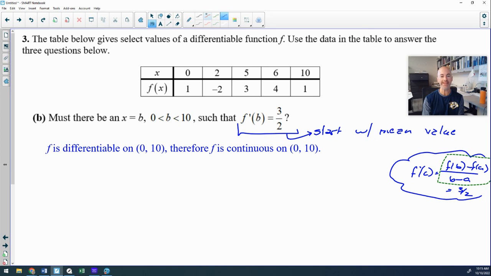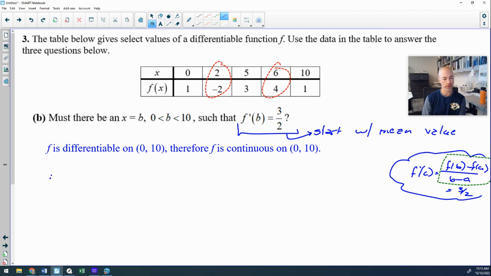And so I'm trying to find any 2 points on this interval, on this table, between which the slope is going to be 3/2. And if you play around with this long enough, you will find out that if I find the slope from 2 to 6, we will get 3/2.